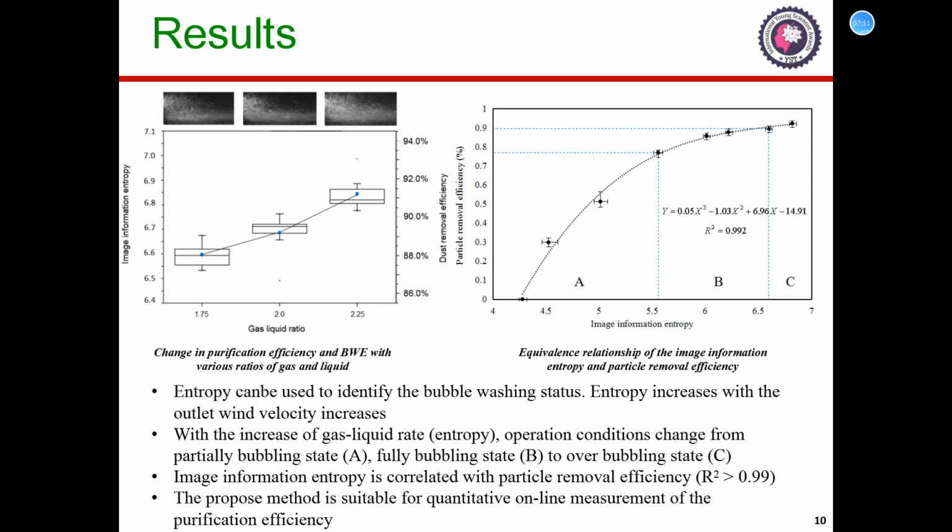And this picture shows the picture information entropy is correlated with the particle removal efficiency, which means the method we propose is suitable for the online measurement of the purification efficiency of wet scrubbers.